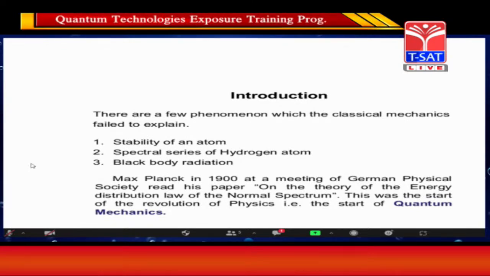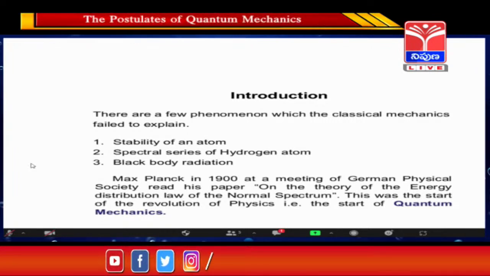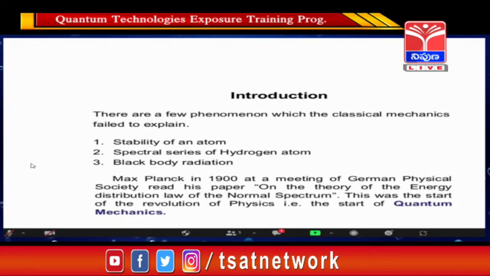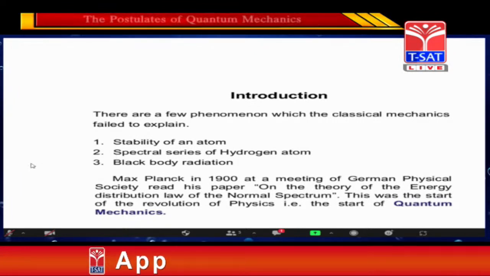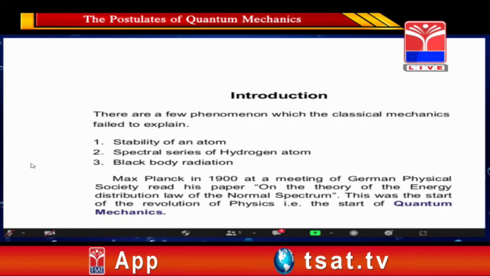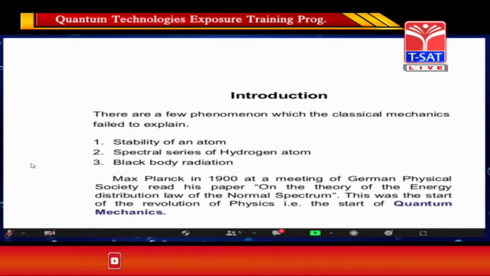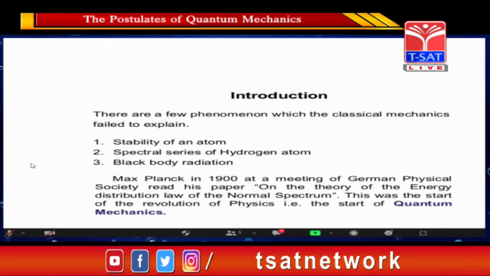What are the phenomena which classical mechanics failed to explain? There are many, but these are only a few of them: the stability of the atom, which was explained by Niels Bohr, the spectral series of the hydrogen atom, black body radiation, the photoelectric effect and so on.